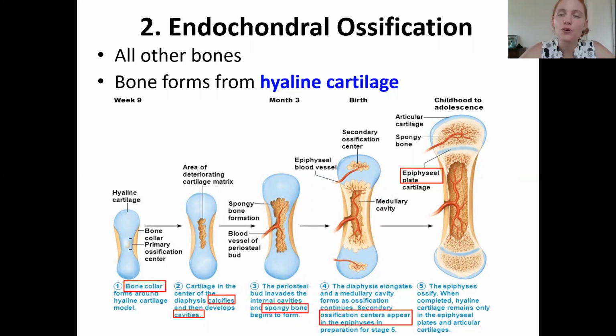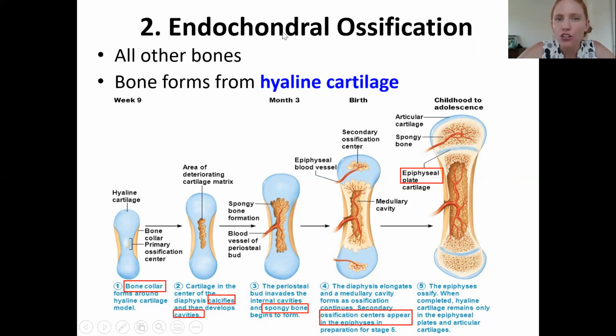cartilage. Okay, so instead of creating bone tissue directly from the fetal mesenchyme, what happens is the fetus is going to create a template, a mold, that's created out of hyaline cartilage.